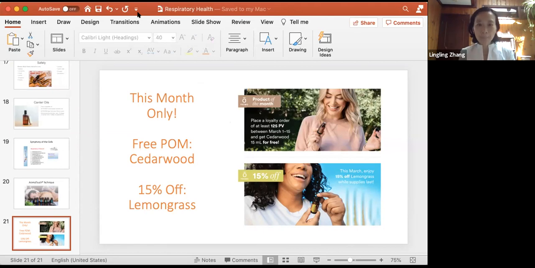So please, what you learned today, use it, and use it consistently. Remember, the best way to get the benefits is each time less amount, but more frequent. That way you get the best results.